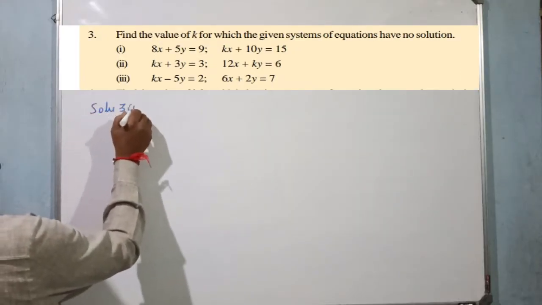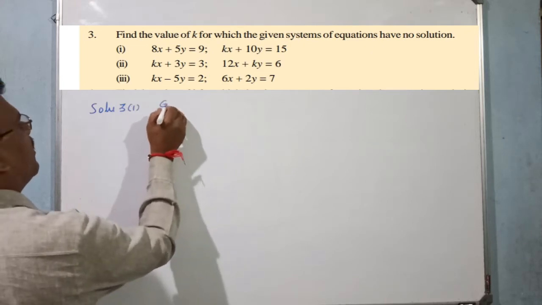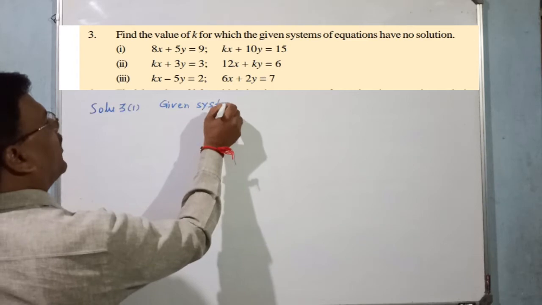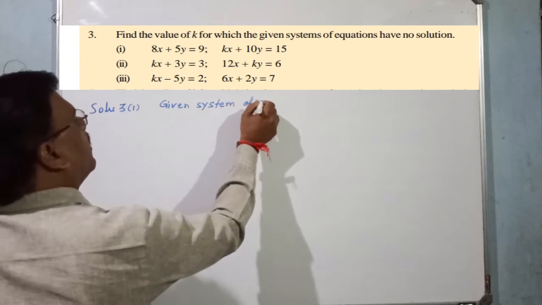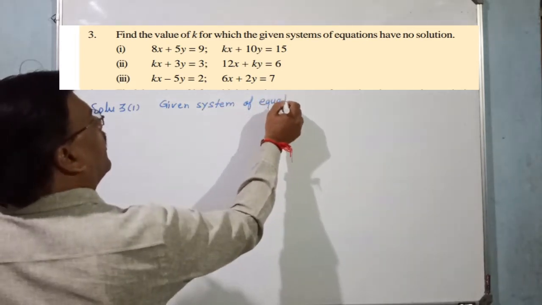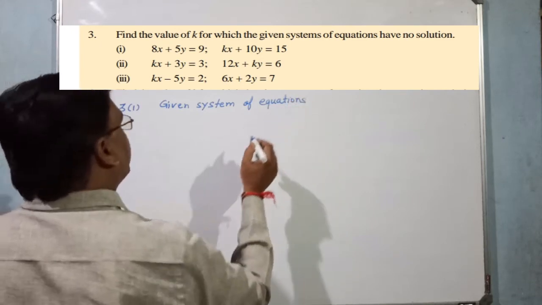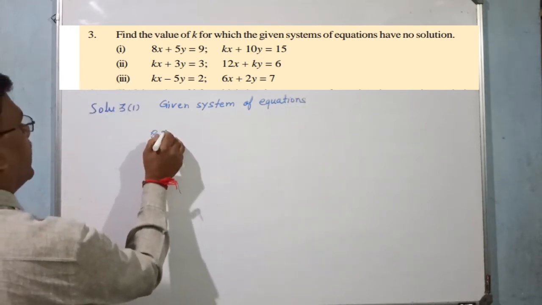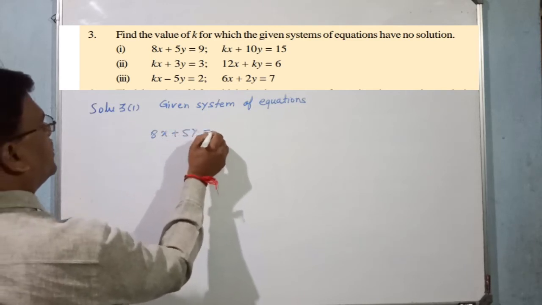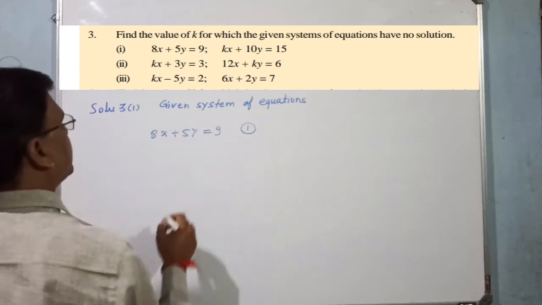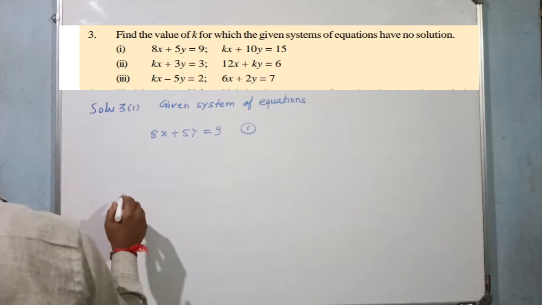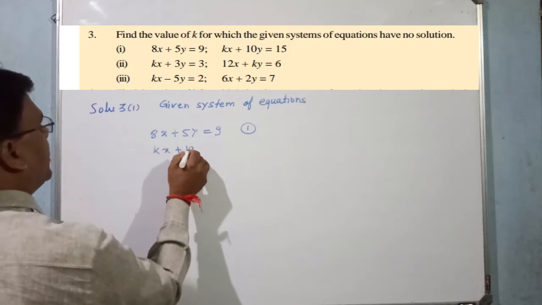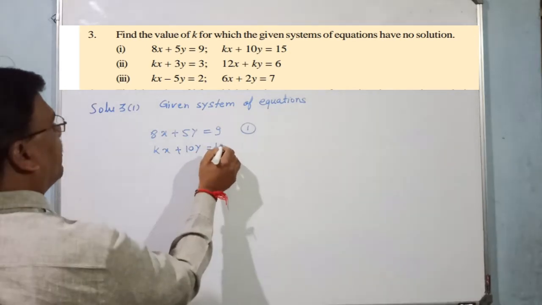Solution 3 first. Given system of equations: 8x plus 5y is equal to 9, equation number 1, and kx plus 10y is equal to 15.